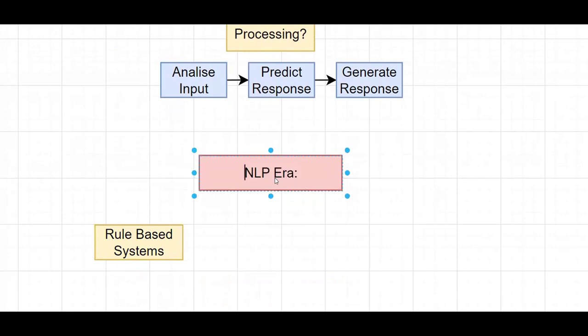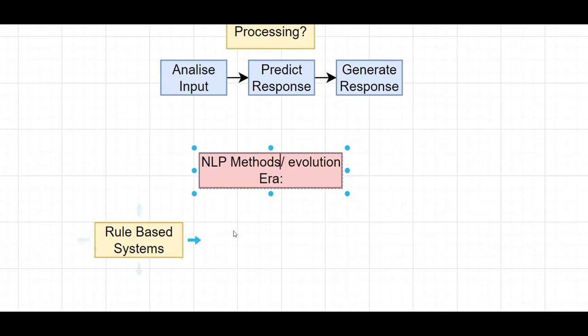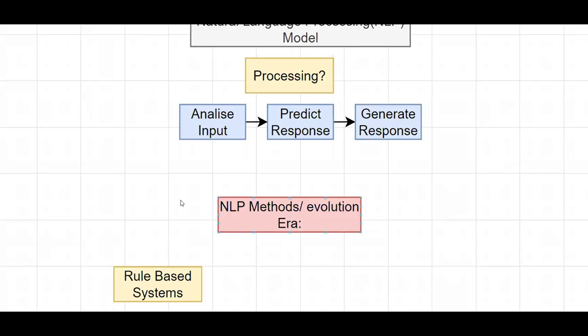You can say this is one of the NLP methods, or NLP evolution eras. By using these rule-based systems only, we were predicting the output and generating the responses in the starting days. These rule-based systems are the early era of natural language processing.